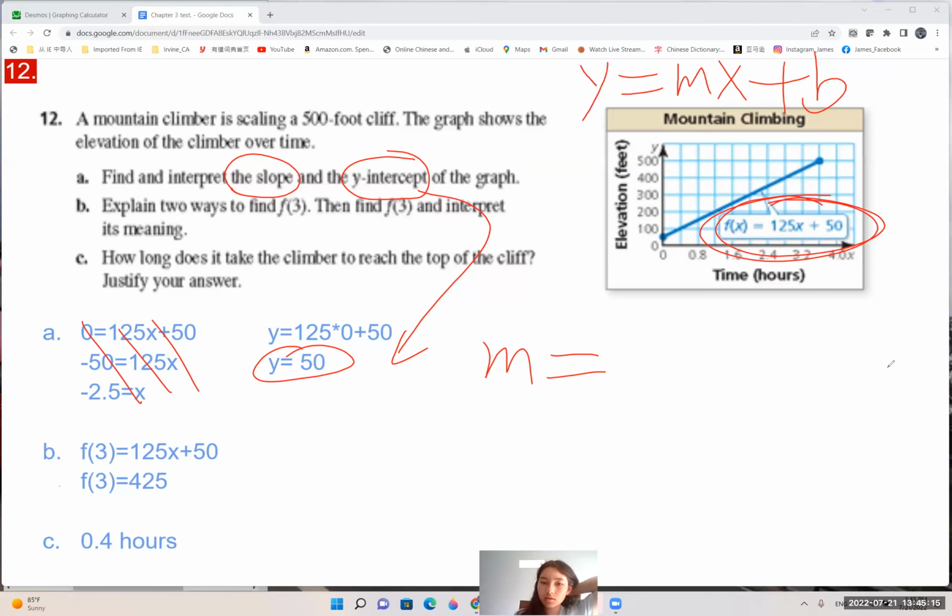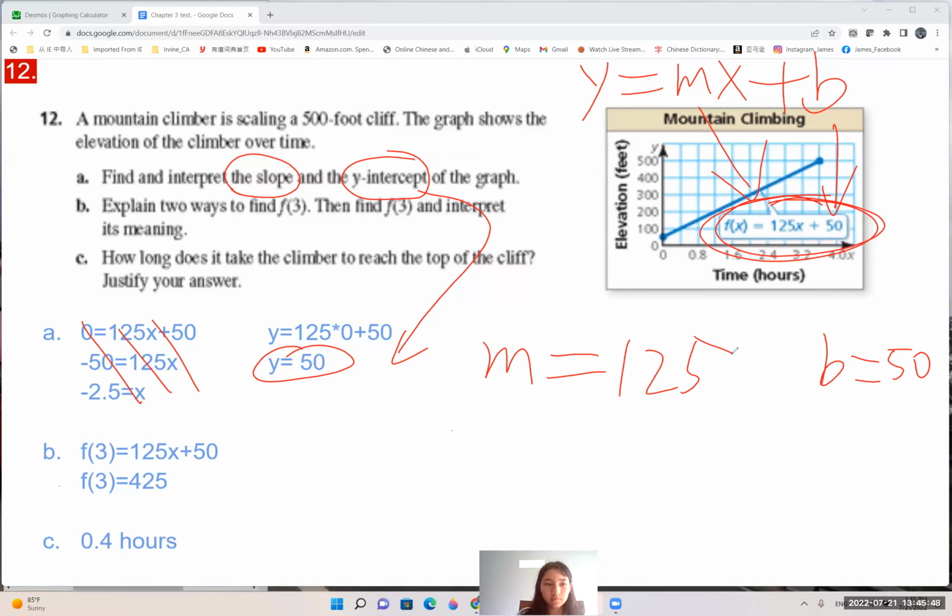Slope m would be, y equals mx plus b. B is 50. The m is what? Compare. 125, right? Ah, okay.